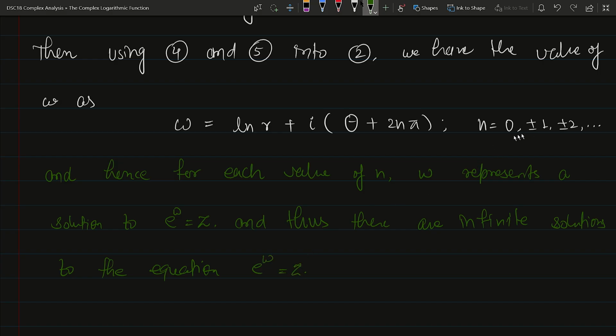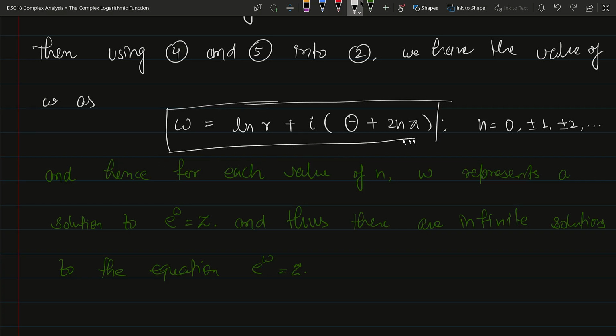Okay, so due to the various values of n, we have an infinite number of values of this w, and each w will decide a solution for e to the power w equals z. That's why we have the infinite number of solutions.